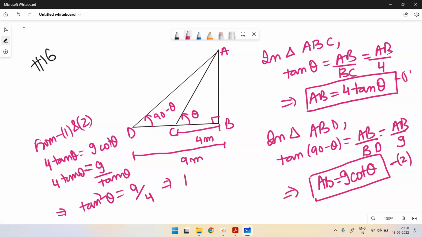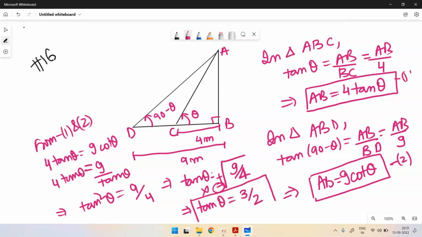Like that, tan theta equals under root 9 by 4. Since theta is an acute angle, the negative sign gets neglected and only the positive remains. So tan theta is 3 by 2.